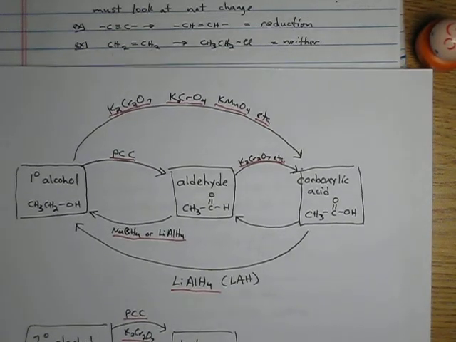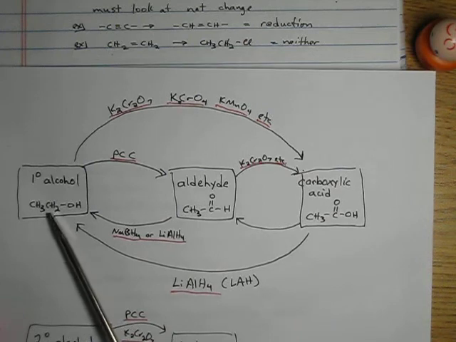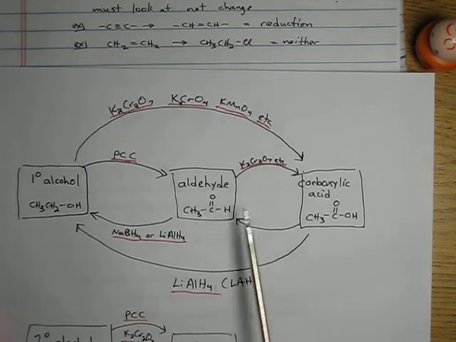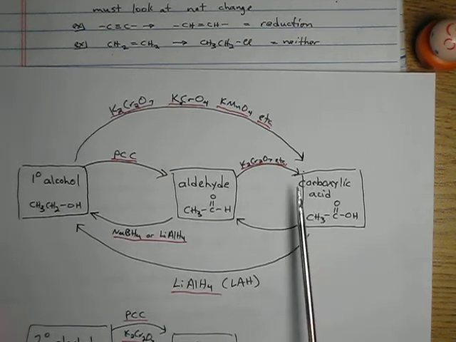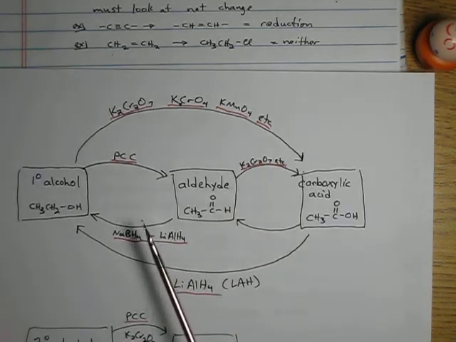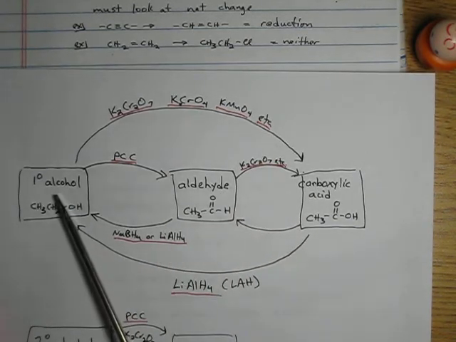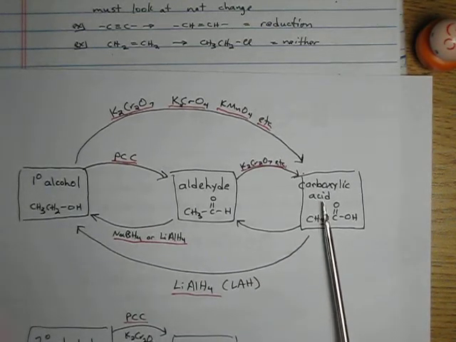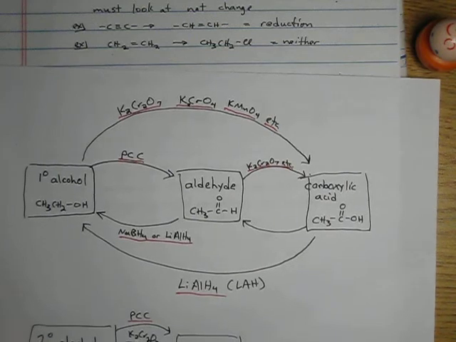All right, so here we go. Let's start by looking at the primary alcohol in this box, such as ethanol, the aldehyde here, and the carboxylic acid in this box. Now, if you want to go from a primary alcohol and oxidize it all the way up to a carboxylic acid, that's actually not too hard to do.